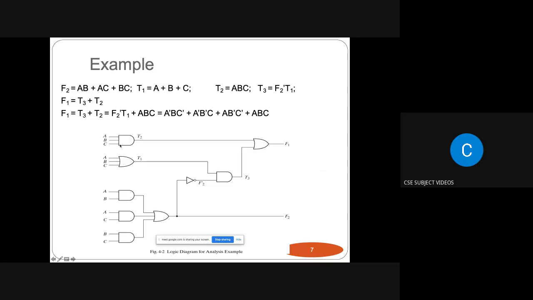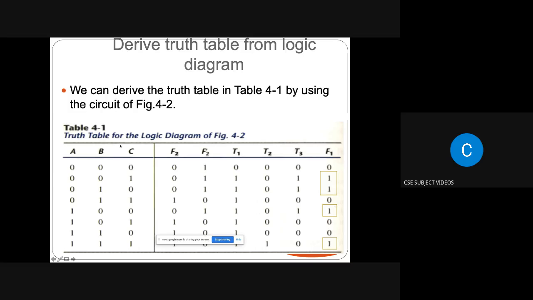It is a combination of 3 inputs, A, B, C, and the number of rows for this 3 input function will be 2 power n, by applying the formula 2 power n. n is equal to 3 means 2 power 3, and 2 power 3 is 8. So this truth table consists of 8 rows.